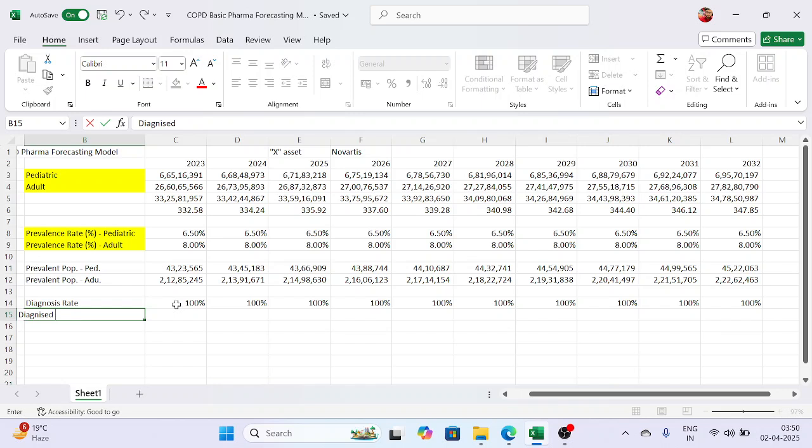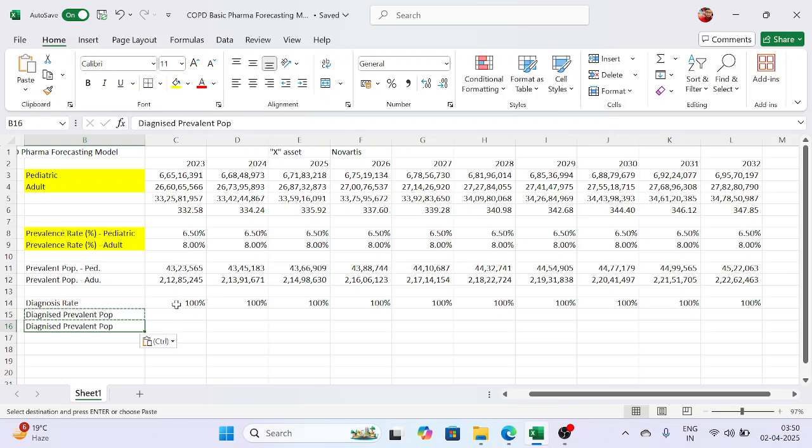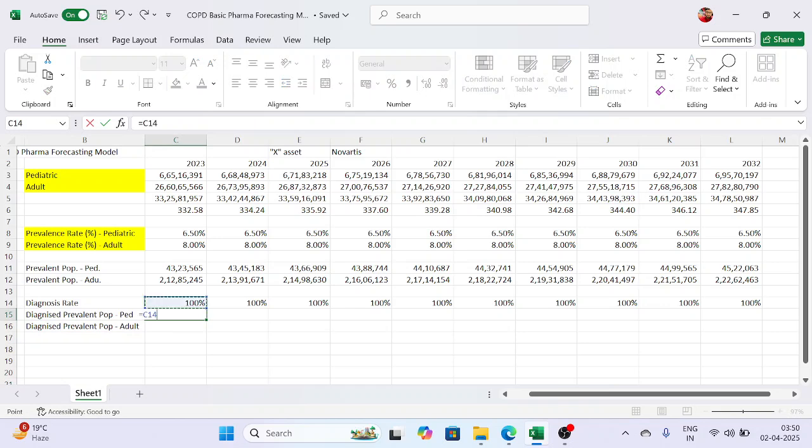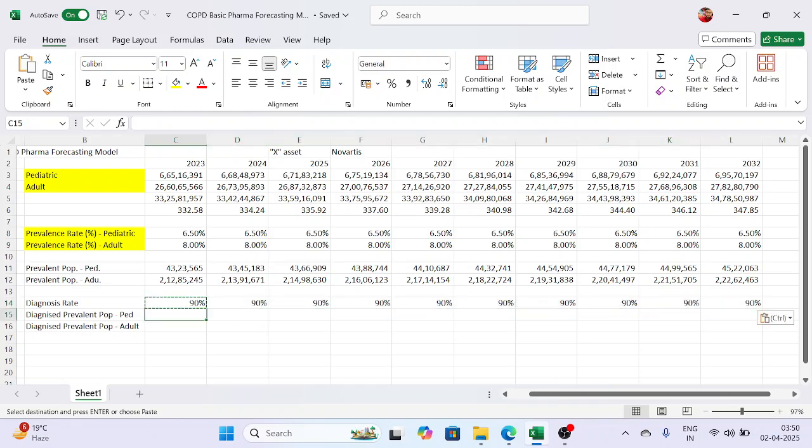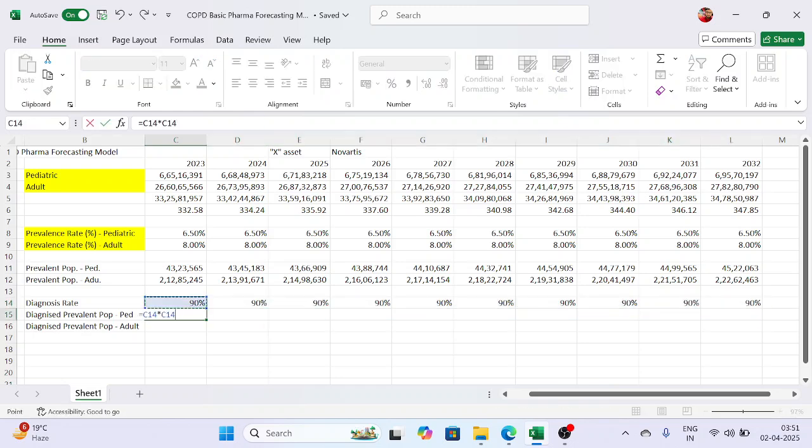Then we have the diagnosed prevalent population, similarly for pediatric and for adult. So that will be 100%, or let's assume 90% here, just to see variation in the number. So it will be 90% multiplied by our prevalent population, similarly this into this.